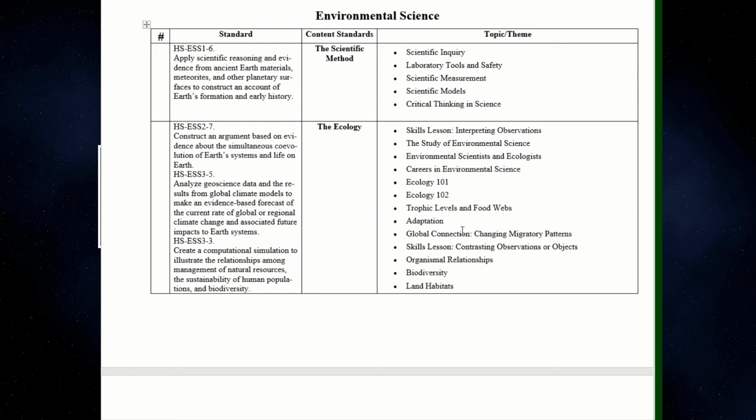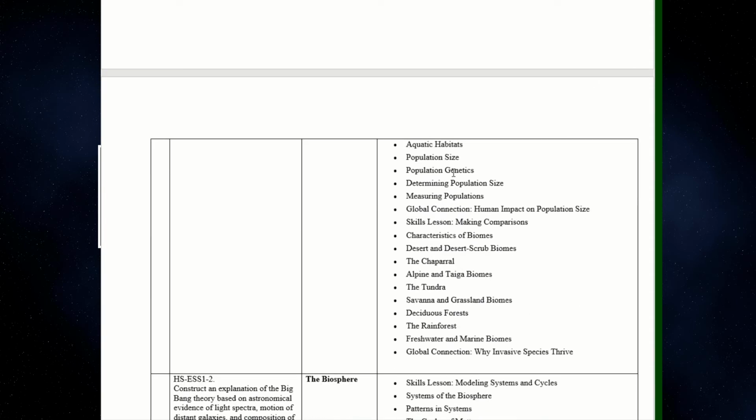You can see global connections covered here. Then, simulation to illustrate the relationship among management of natural resources, sustainability and the human population. You can see habitat and biodiversity, organizational relationships, and even population size and population genetics. This standard covers all of that.